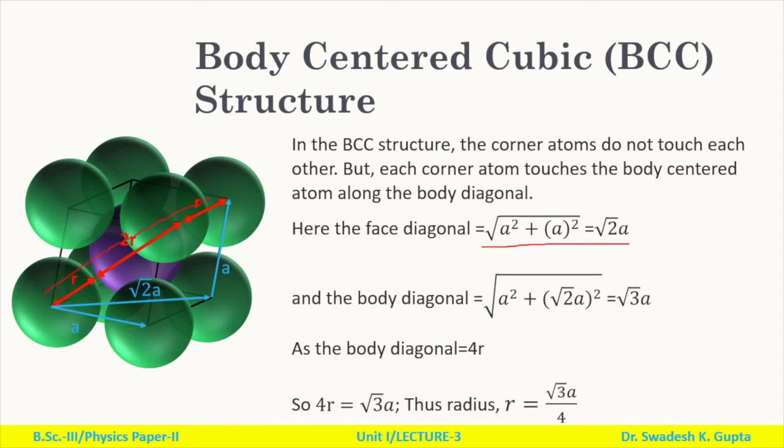Here this is the body diagonal, and because of the body center atom and the corner atoms, the total length is 4r, so this 4r will be equal to root 3 a, and so the radius of the body centered atom will be r equal to root 3 a by 4. So as you can see here, the body center atom touches the corner atoms, but the corner atoms do not touch each other.